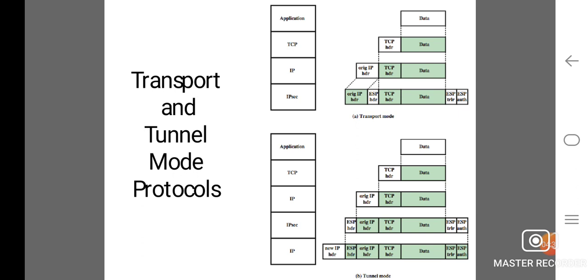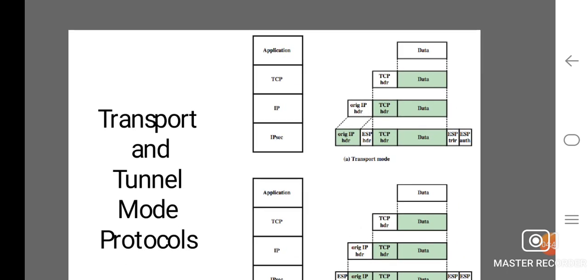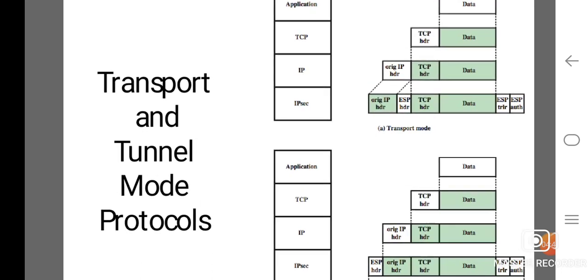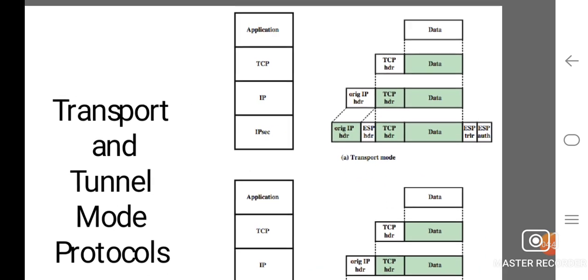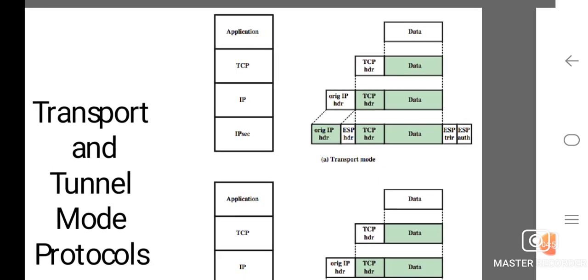In transport and tunnel mode protocols, for transport mode, there is the application layer, IP security layer, IP layer, TCP layer, and application layer.